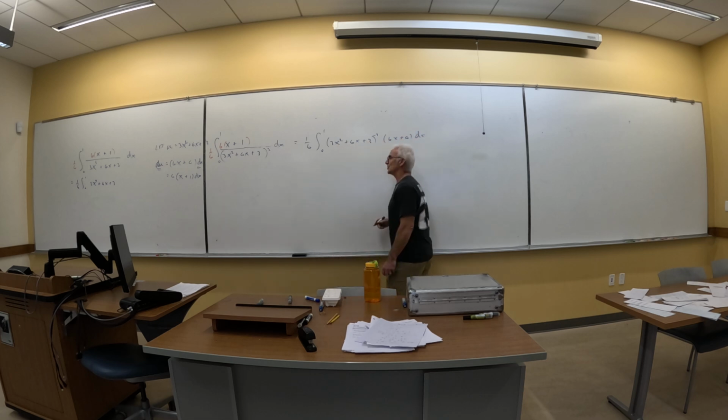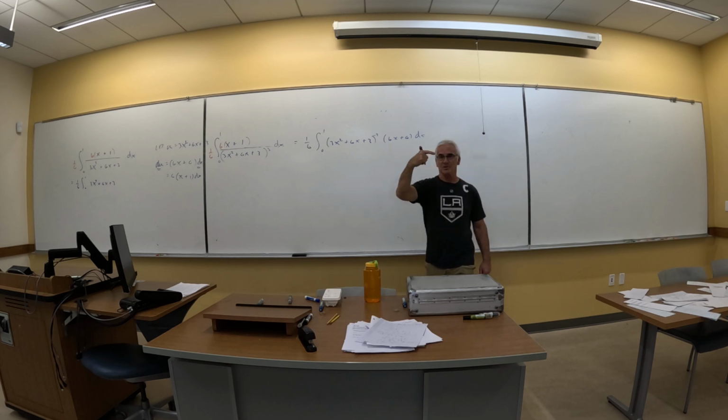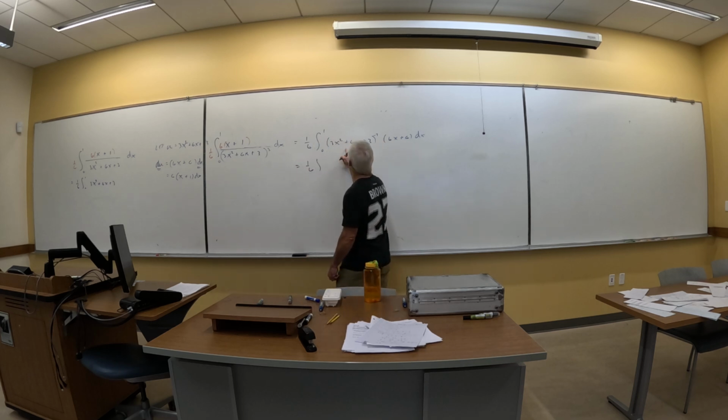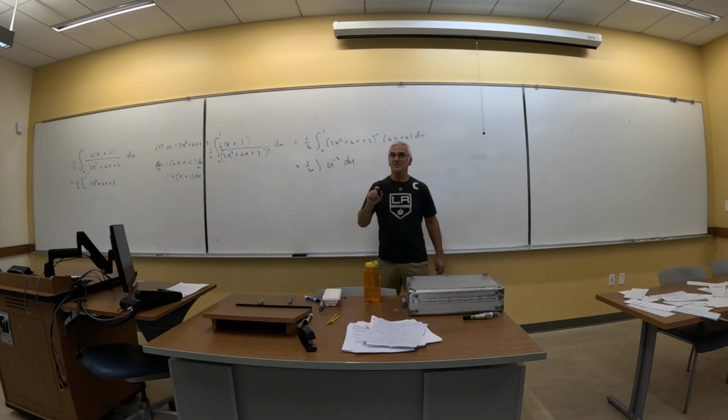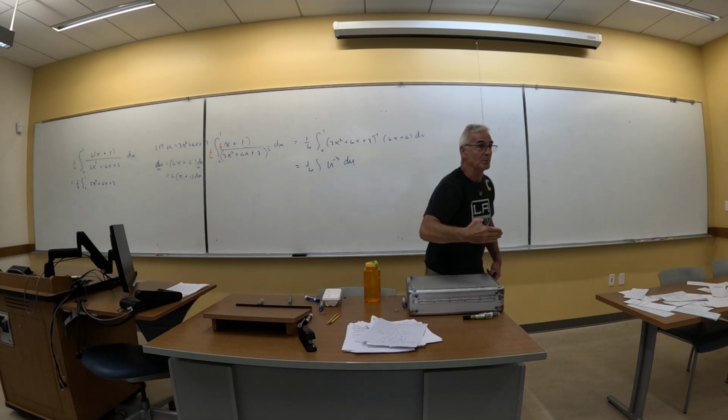You do not have to do this, but this is often a wise move because now when I do my substitution, what's my new integrand going to look like? U to the negative third. U to the negative 3 du. It's much easier to look at u to the negative 3 than it is 1 over u cubed. Right?